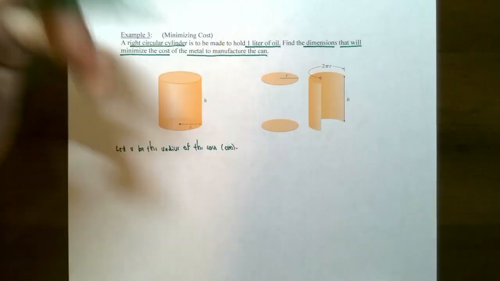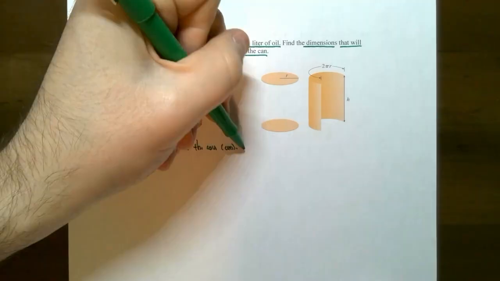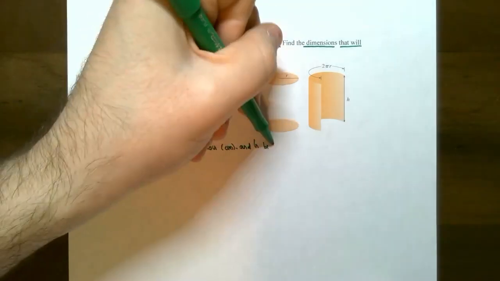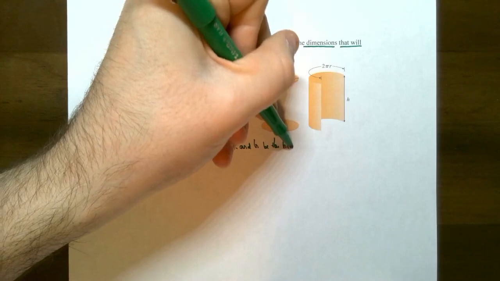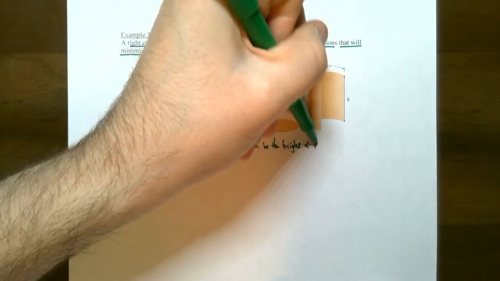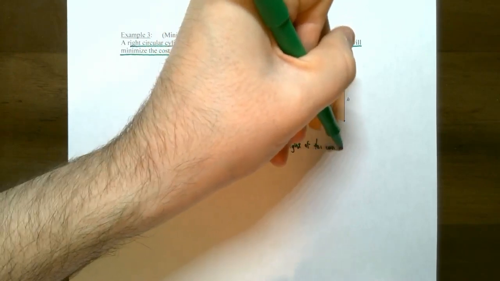Which will be in centimeters, and I'll explain why in a second. And H will be the height or length of the can, also in centimeters.